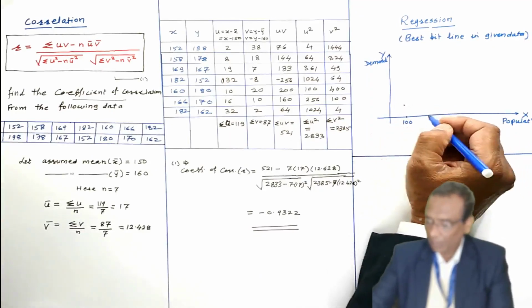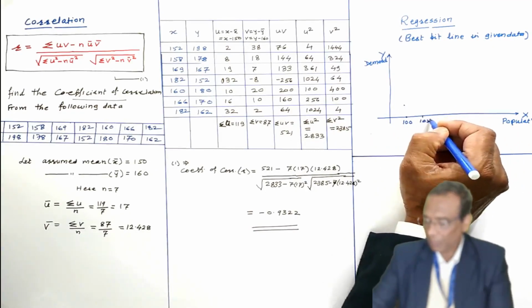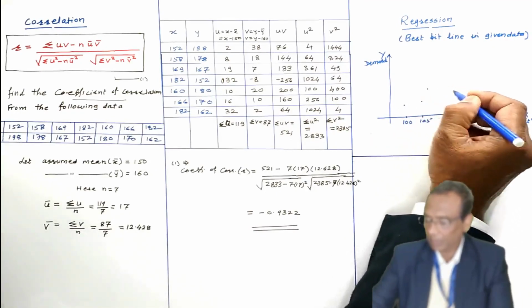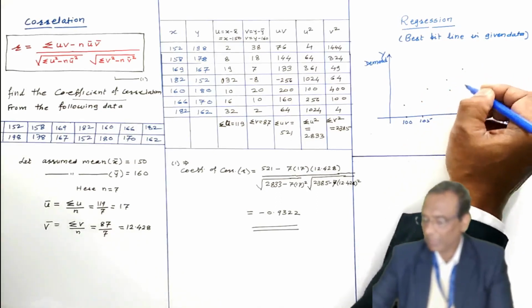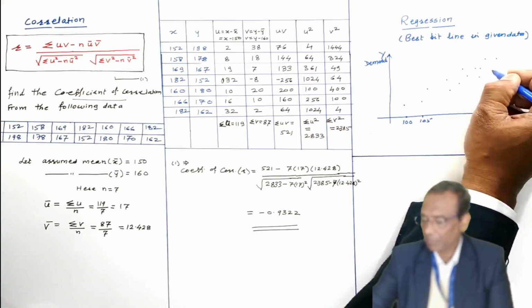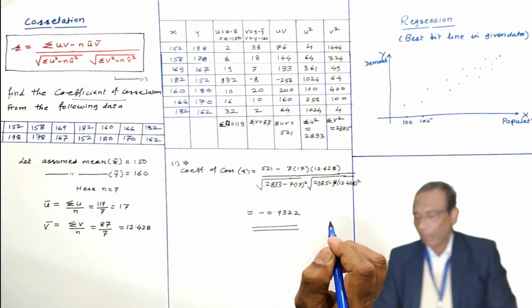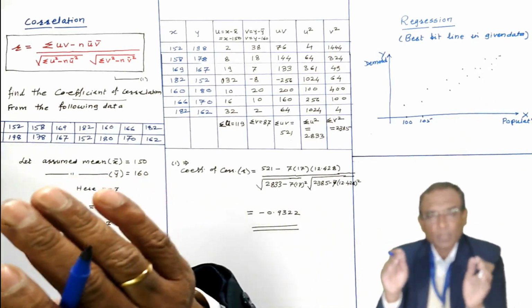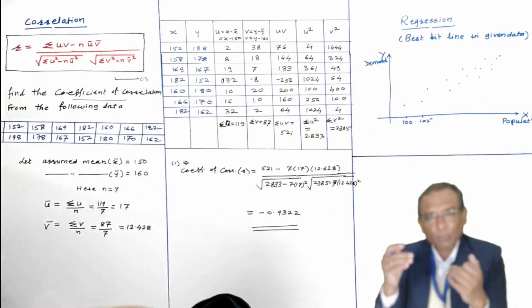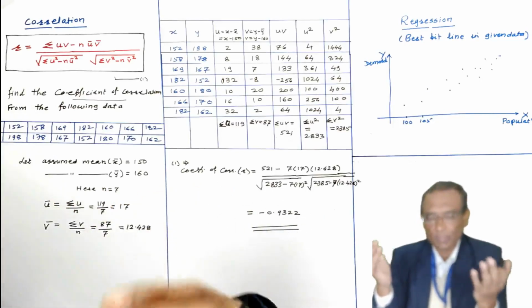Then in the next year the population and demand are like this. This type of data is available with you, and we are going to predict the demand for coming years, 2021 or 2022.